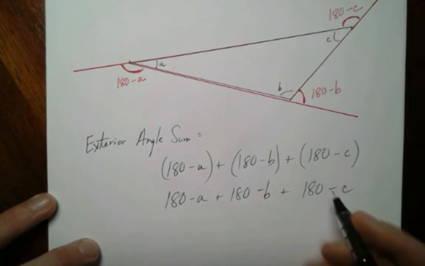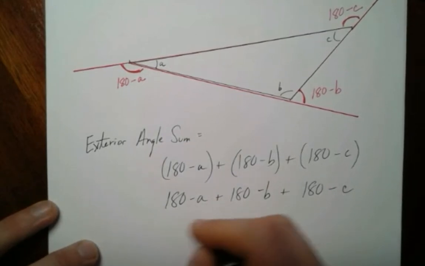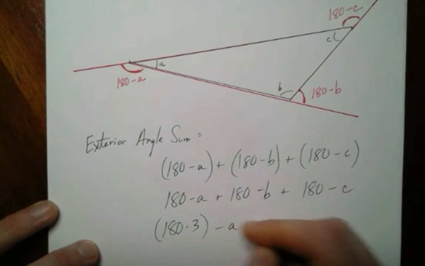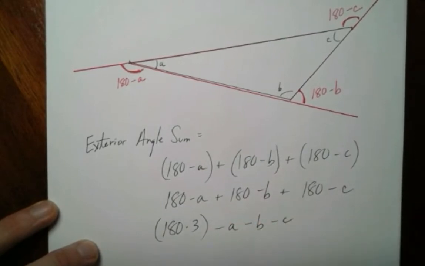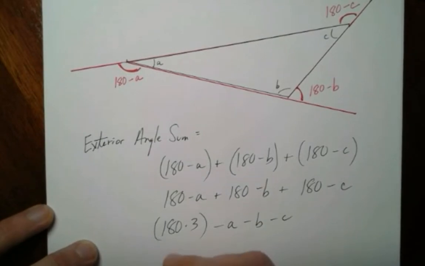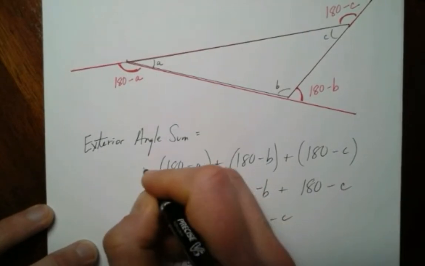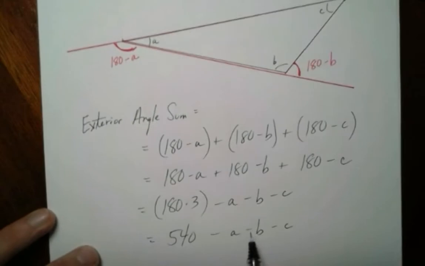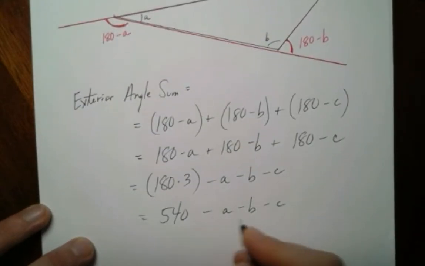I'm going to collect some terms here: 180 times 3 minus A minus B minus C. Well, 180 times 3 is 540 minus A minus B minus C. And then I'm just going to factor out a negative 1.